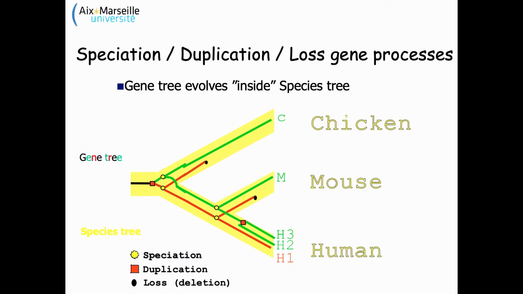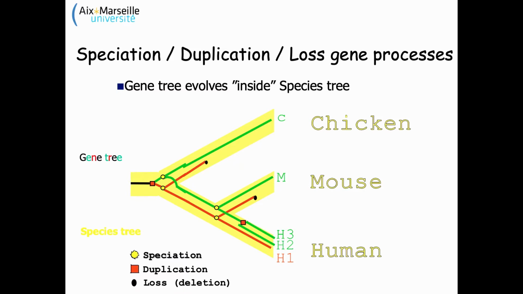This tells me that probably C, M, H3 and H2 have the same function, and then H1 has a distinct function. Okay? But here, H1, H2, and H3 are three copies in human. Since they do not belong together, it tells me that something happened during the evolution, and what happened during the evolution is probably the duplication, since I have here several copies in human.